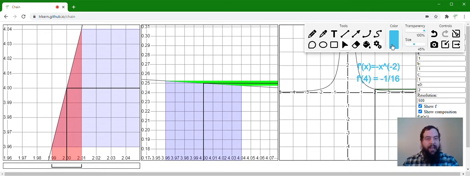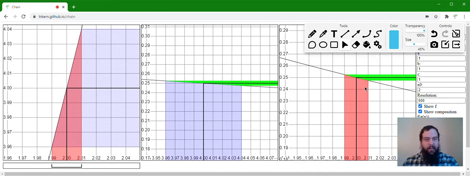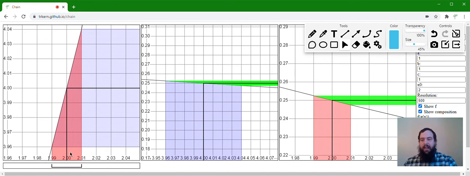And so if we think about this in terms of the actual composition of these functions, when we compose these two functions together, when we take f of g of x, what we're imagining is we're plugging in points from this range. Remember that this first graph here is our graph of g of x. We run these values through this function and get some range of values. We take that range of values and plug it into our f of x function and get some range of values.